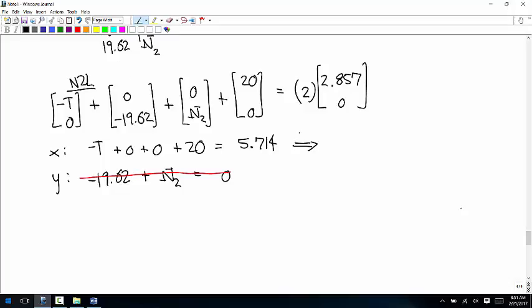This one says T is equal to 20 minus 5.714. So what's 20 minus 5.714? It is 14.286. Okay.